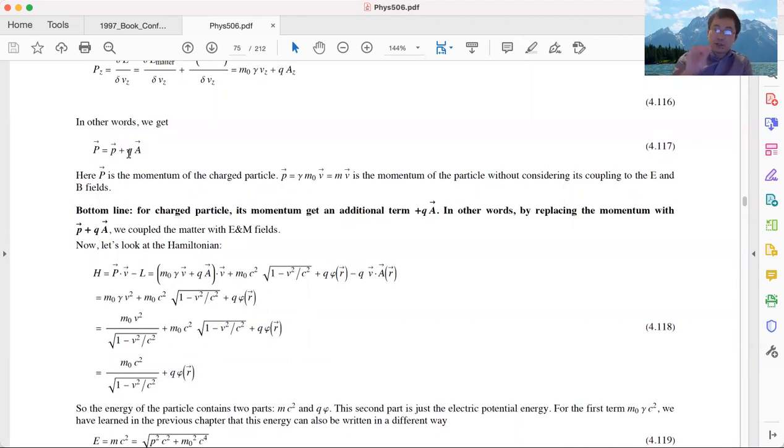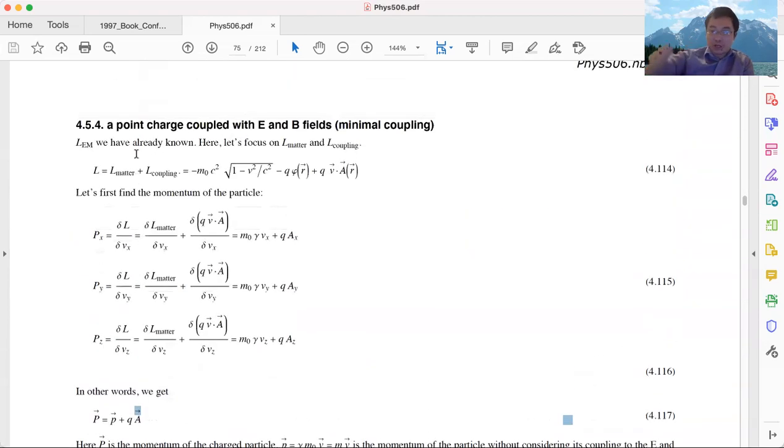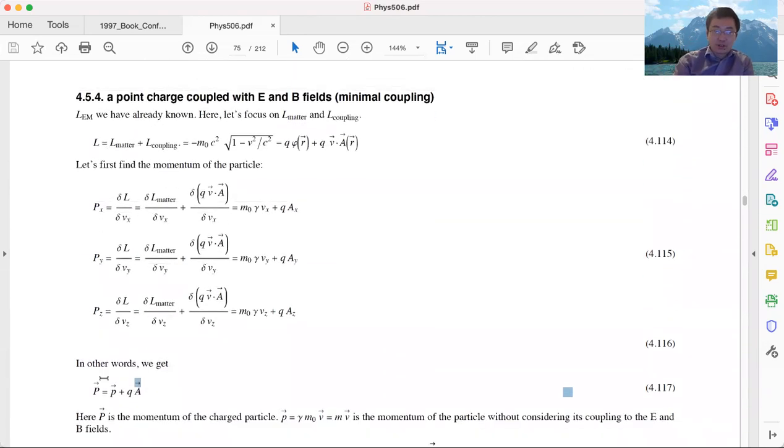But the momentum part is also modified, and it's modified by the vector potential. This part does not have a simple interpretation as a potential energy or something. This modification of momentum is relativistic physics. If we follow the relativistic physics, we will see that momentum tends to get modified.